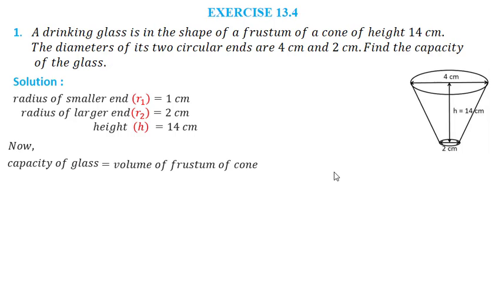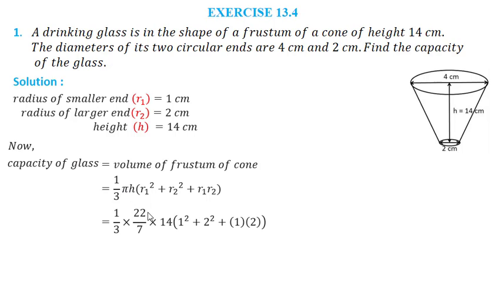Now we have just seen the volume of the frustum of a cone. The formula is 1 upon 3 pi h (r1 square plus r2 square plus r1 r2). So we will put in the values: 1 upon 3 into 22 upon 7 into the value of h, which is 14, into (1 square plus 2 square plus 1 into 2). Now we simplify it. 7 ones are 7, 7 twos are 14, it will cancel, and this bracket gives me 1 plus 4 plus 2, that is 7.